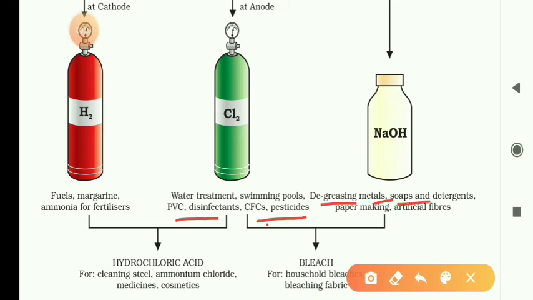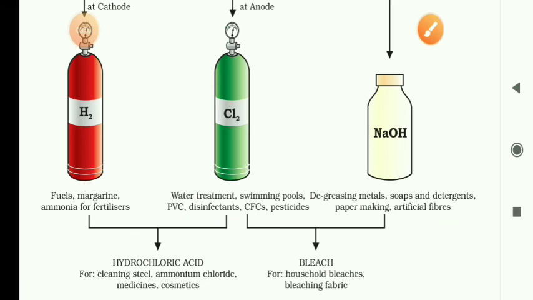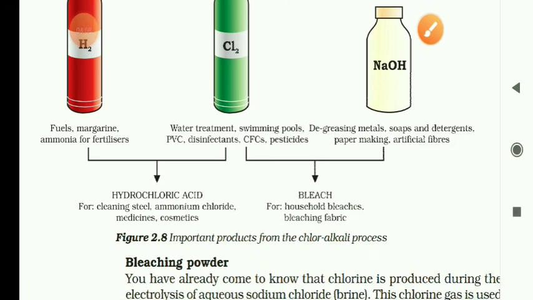It is also used in the preparation of soap and detergent, for making paper, for making cotton unshrinkable, as a reagent in the laboratory, and in the preparation of artificial fibers. So these are all uses of the three products: hydrogen, chlorine and sodium hydroxide.